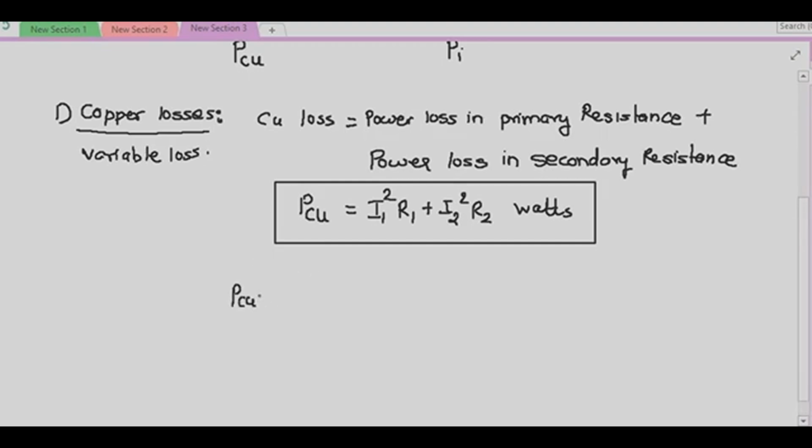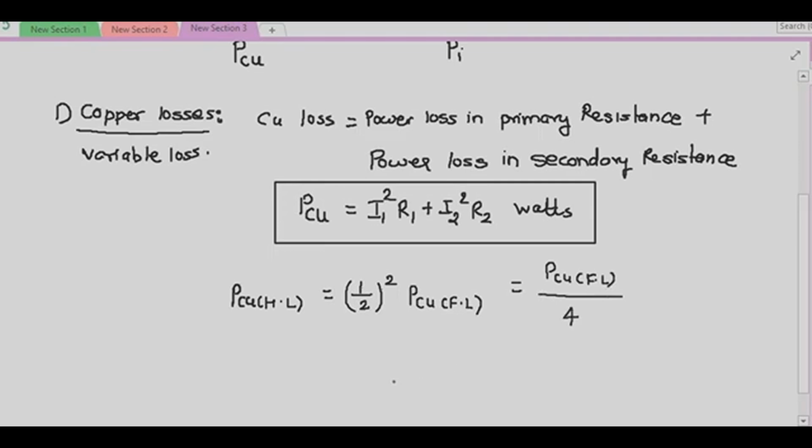So PCu at half load is nothing but one half whole square times PCu at full load, which is PCu full load upon 4.